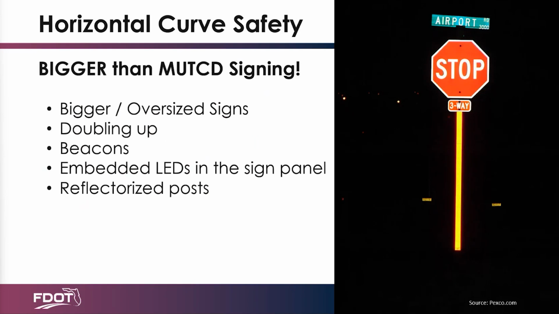You can double up with signs, provide beacons, provide LEDs in your sign panel or those retroreflective posts. And of course, we don't want to put up too many signs, so be aware of sign density and not create too much confusion, but that is definitely something that can help to improve safety on a horizontal curve.